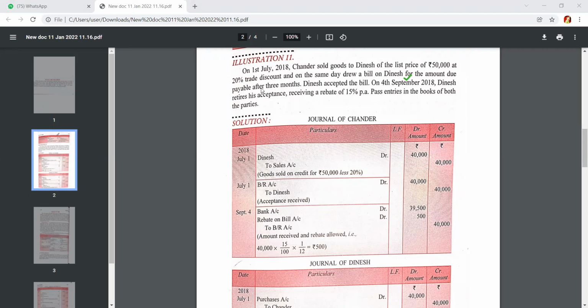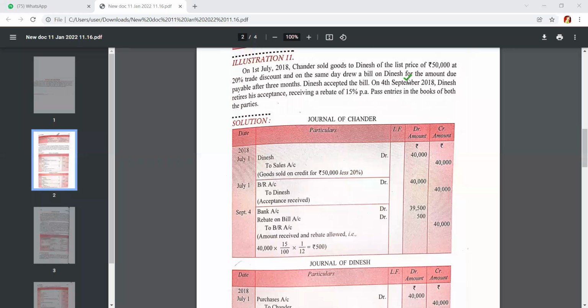But the due date will be after 3 months. It started on 1st July. If we talk about the 3 months, it will be July, August, September complete. After that, in October, by adding the days of grace, the due date will fall. But we are receiving the amount of the bill on 4th September, where I put a tick mark.